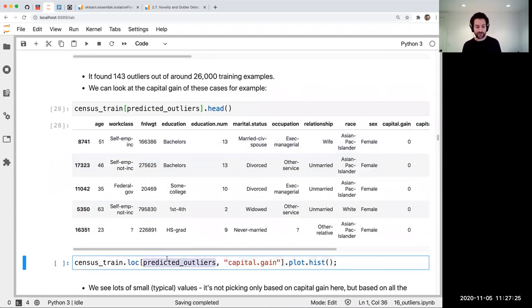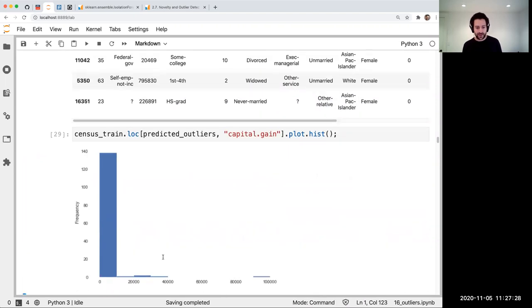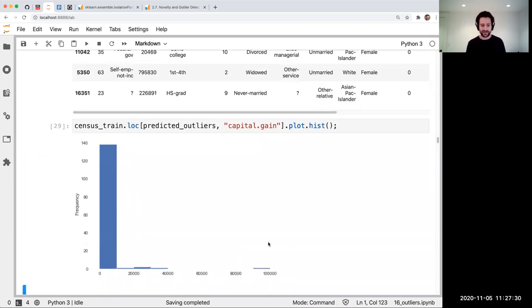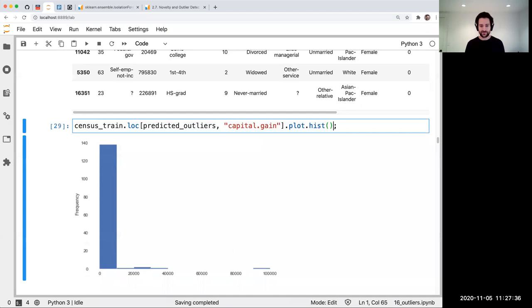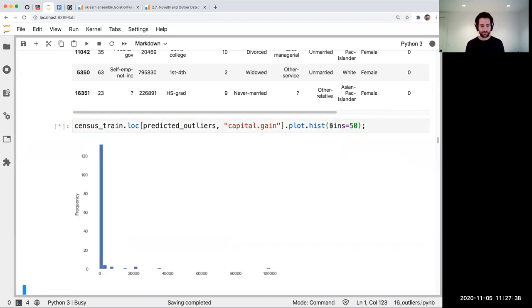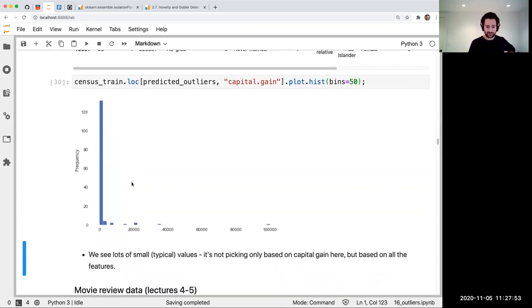So if I look at the capital gain for these predicted outliers, you can see it did seem to find the things with crazy high capital gain as outliers and these pretty high capital gain, but it also found a bunch of people with zero capital gain. So clearly it picked some people as outliers for reasons other than they had a massive capital gain, because a bunch of these people had a zero capital gain, which is very normal, but maybe something else about them was unusual.